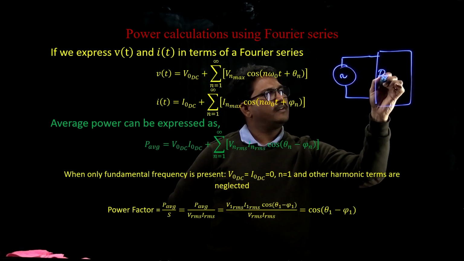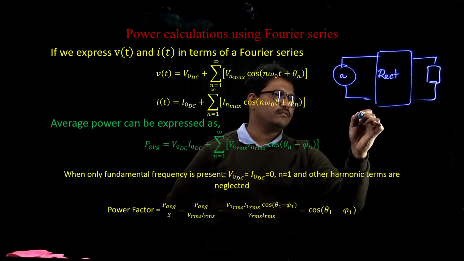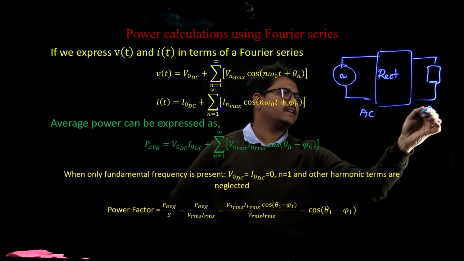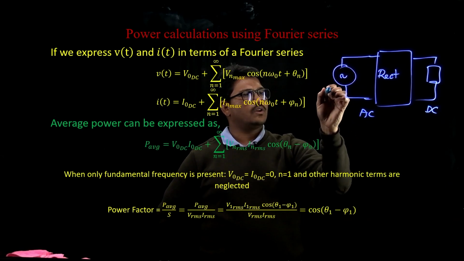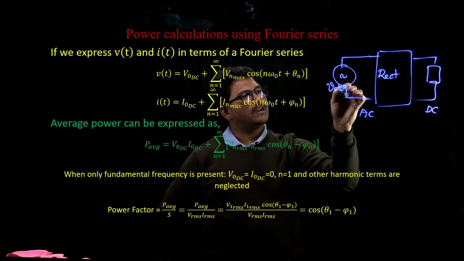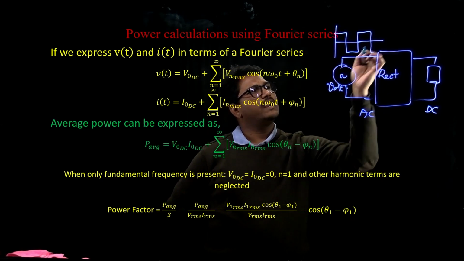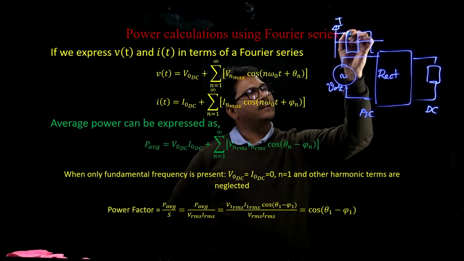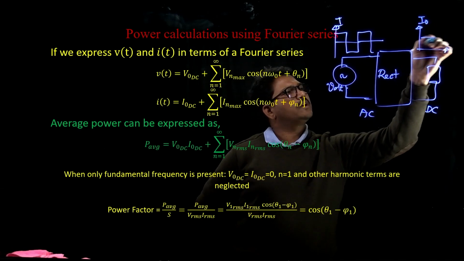So if you have a rectifier which is expected to convert your AC into DC, your source could be a sinusoidal voltage. So your voltage is sinusoidal, but your current is not going to be sinusoidal. Your current is going to be pulsating, whereas your output current I0 is going to be constant.